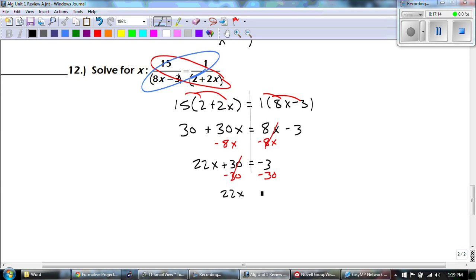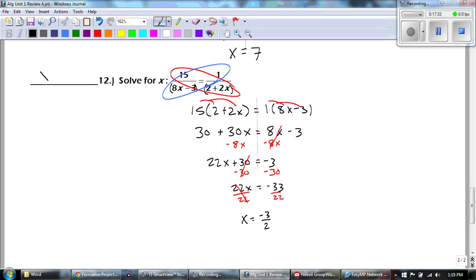I get 22x equals negative 33. And to get the x by itself, we divide by 22. Always reduce your fractions. So we get negative 3 over 2. Okay? So x equals negative 3 over 2.